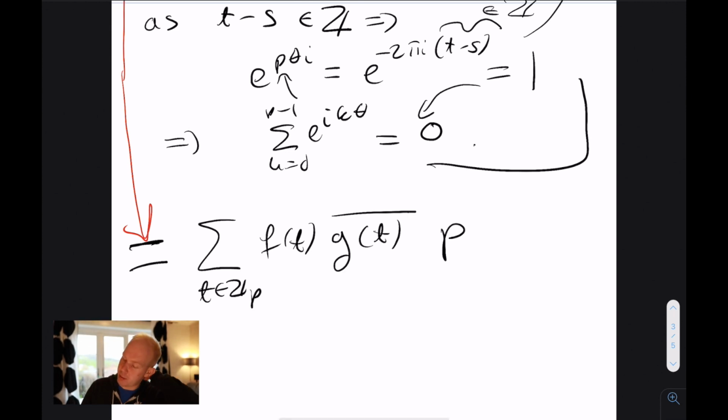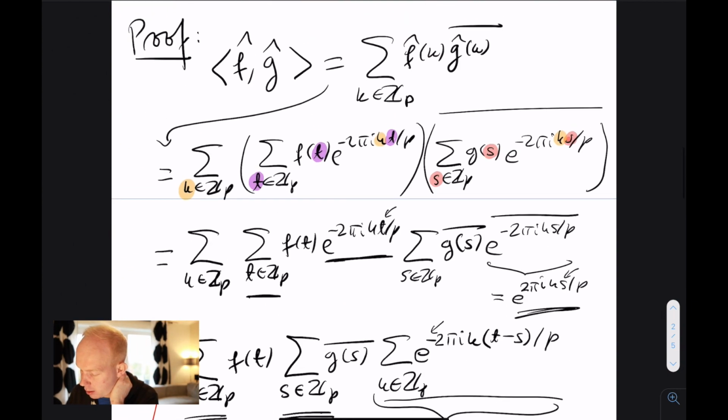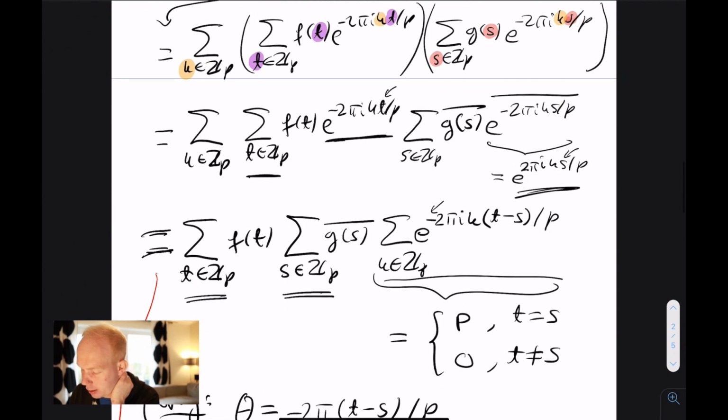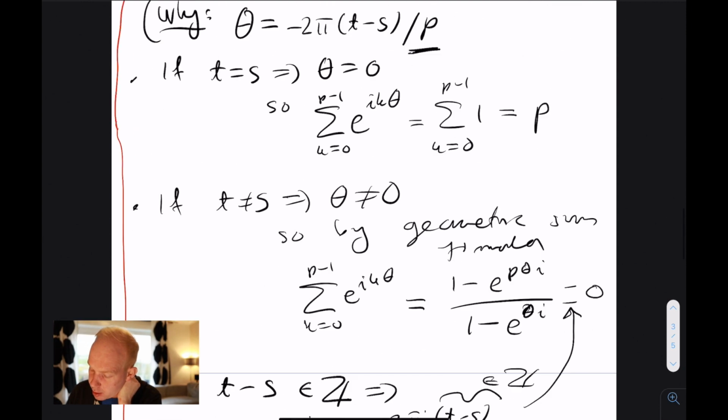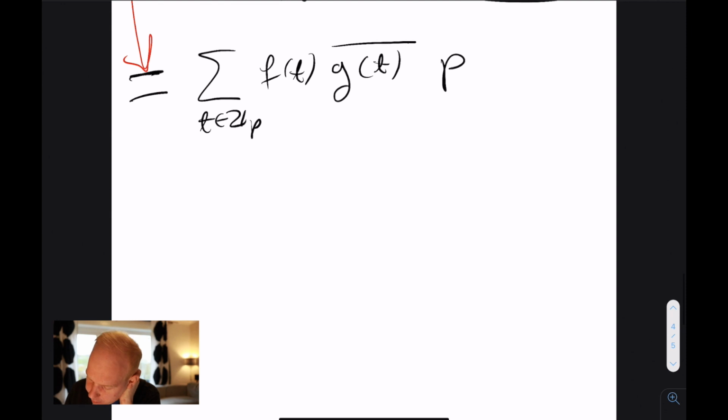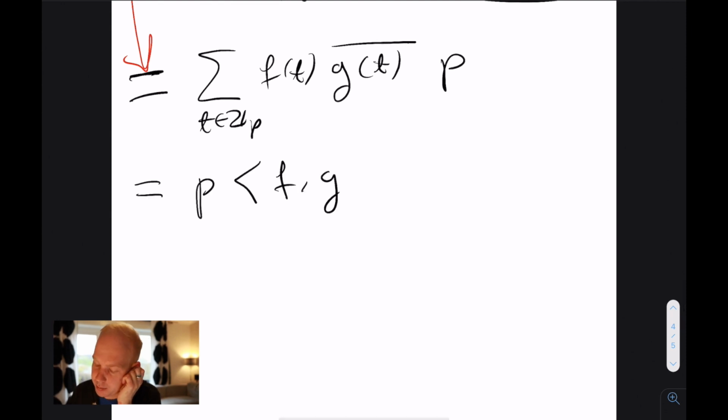This is equal to p at those points, and the summation has only one element because all the other terms are 0. So once you take the p out, this is precisely equal to the inner product of f and g. So this proves Plancherel's theorem.